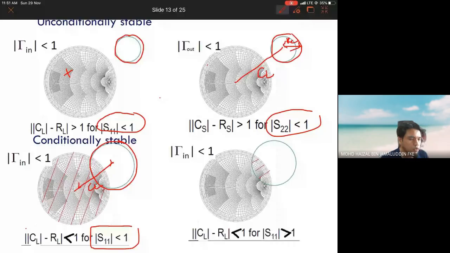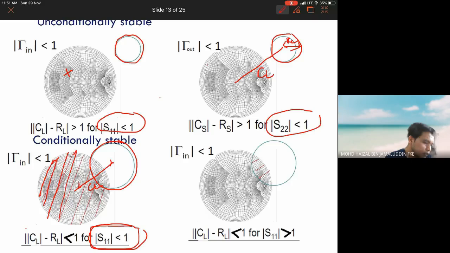Here you need to choose whether gamma in is outside of the stability circle or not. For the case of S11 less than 1, the stability region is this shaded area. I should change the color.